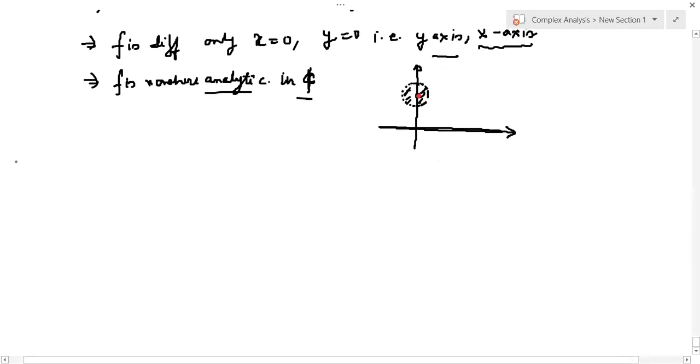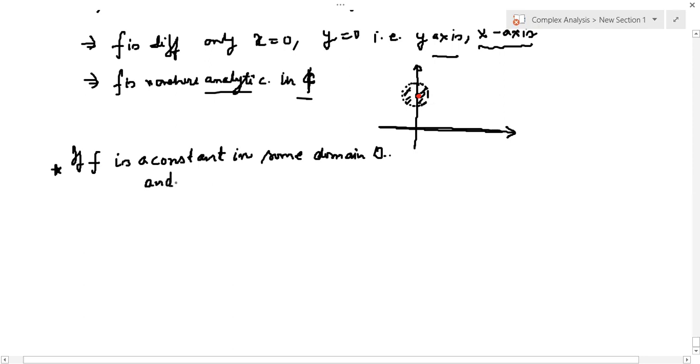Another important result I'm writing, and we'll be discussing this result in the next class: if f is a constant in some domain D, and we want to find the derivative, then f dash z must be equal to 0.